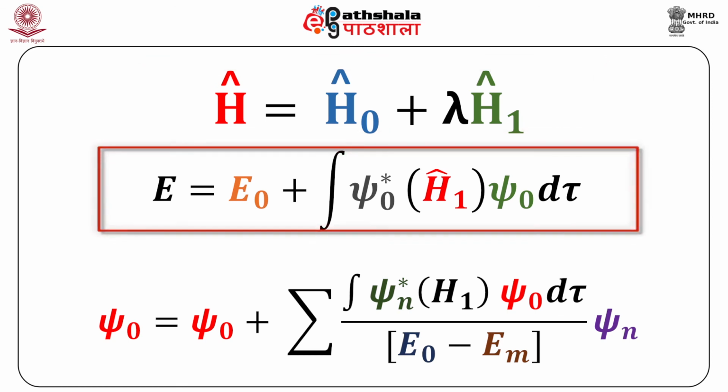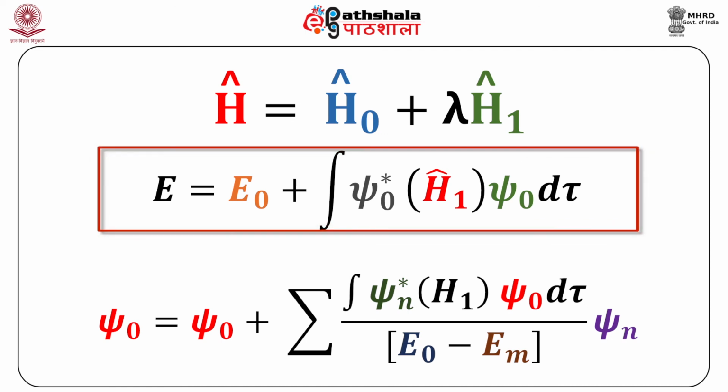Then the corresponding equation for energy, which will give the first order correction to the energy, and the total energy would be given by E is equal to E0 plus the integral of psi 0 star H1 cap psi 0 d tau.